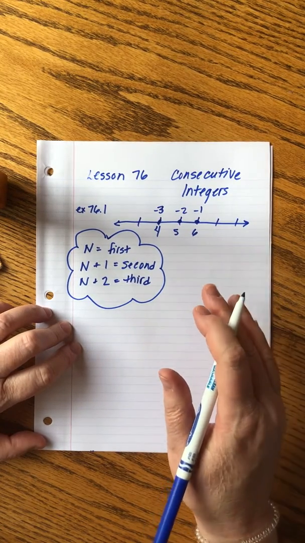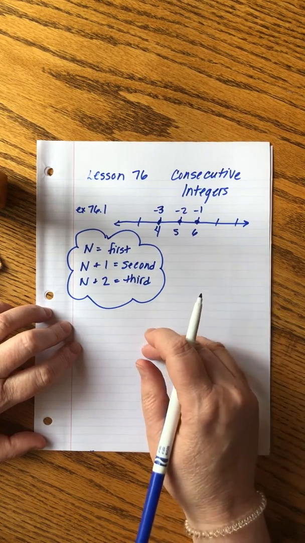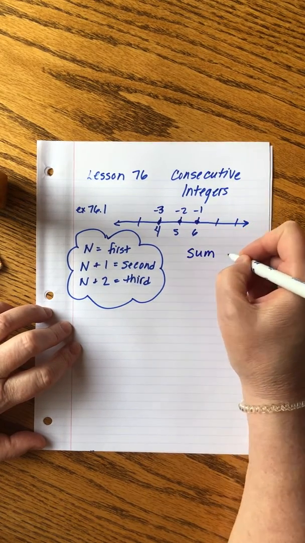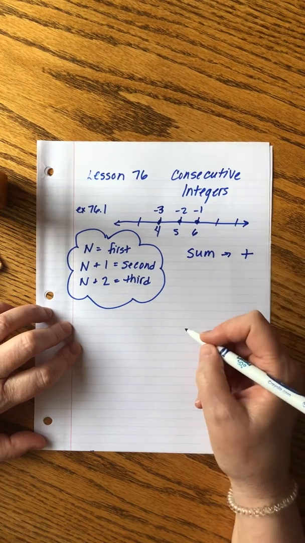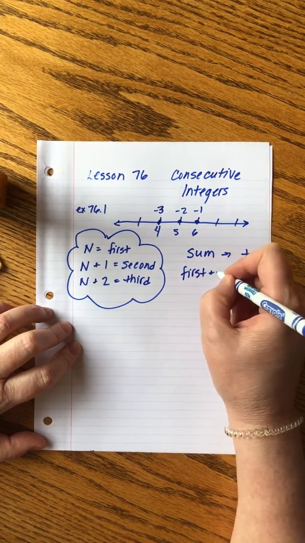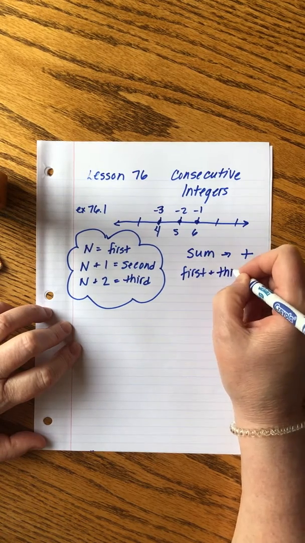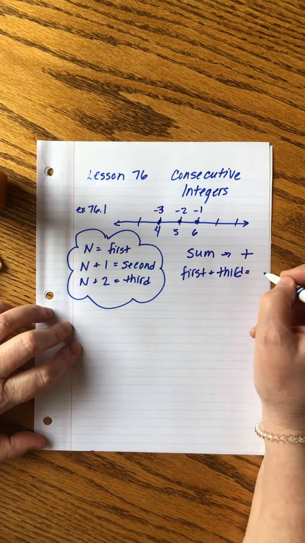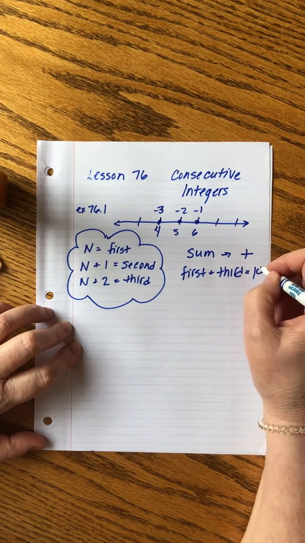fairly straightforward. Find three consecutive integers such that the sum, which means adding, of the first and the third, so we know we're going to have to add the first and the third, is always means equals 146.